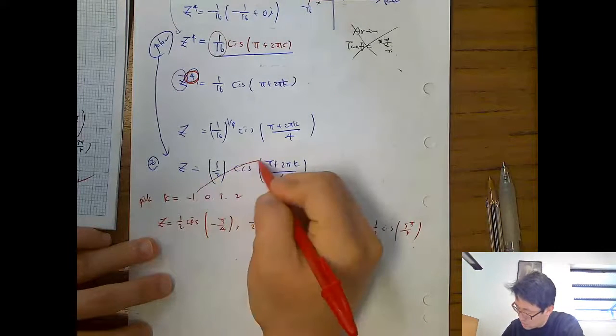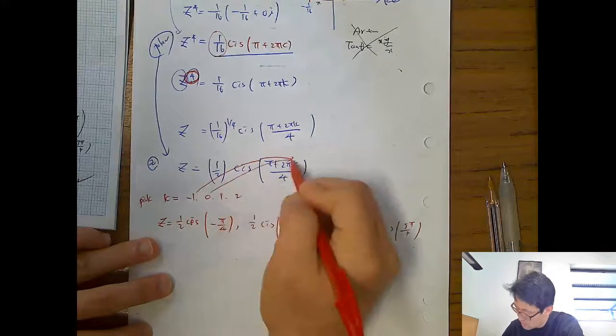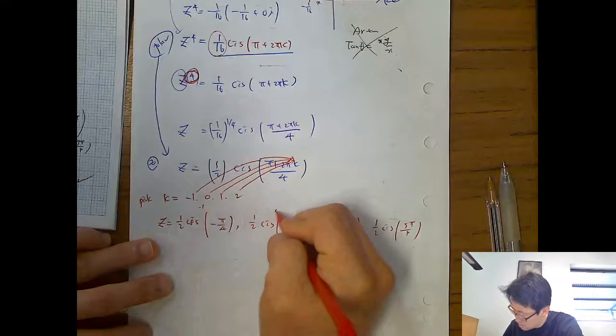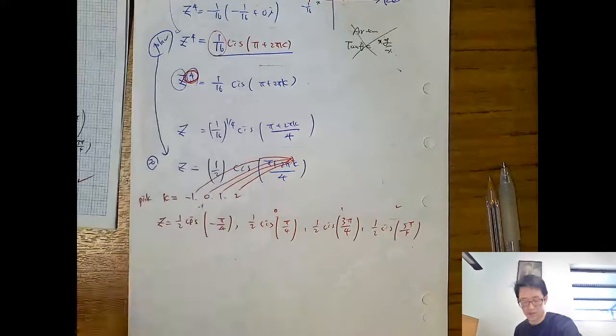You just plugged in k here. So when I put minus 1, 0, 1, 2, that's what I get.